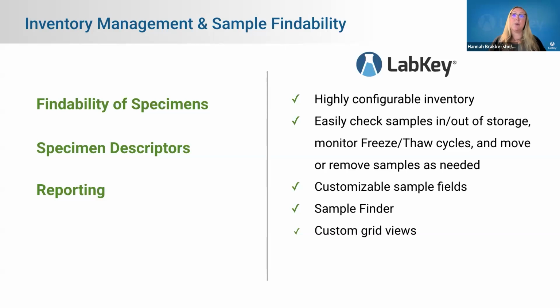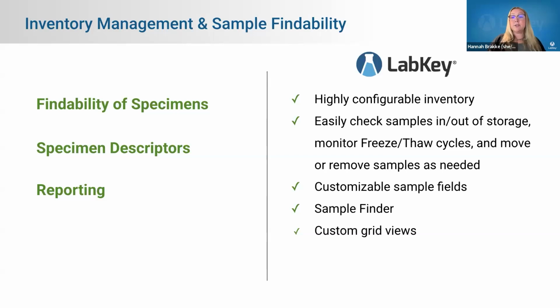And then we also provide custom grid views that can be personal or shared that also allow you to create standard reports and help with that consistency across the team as well.